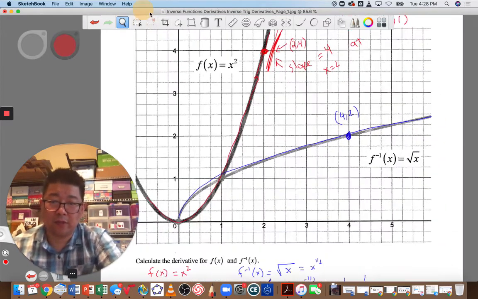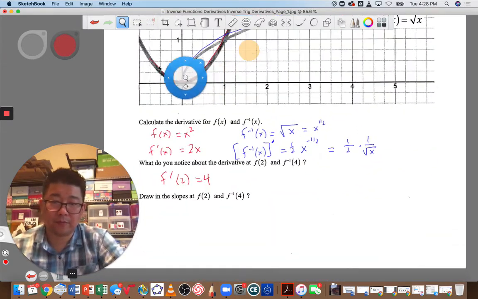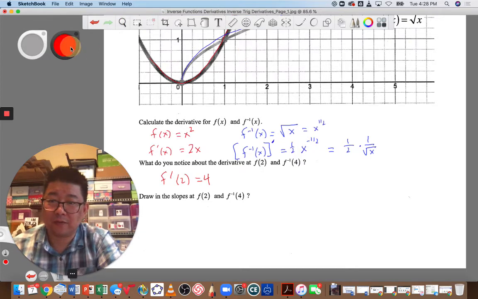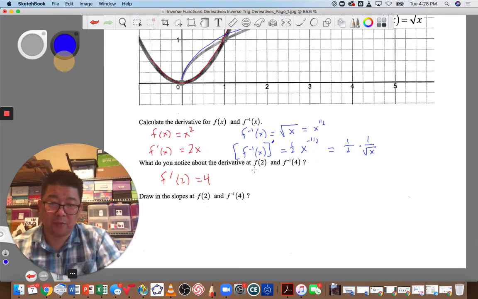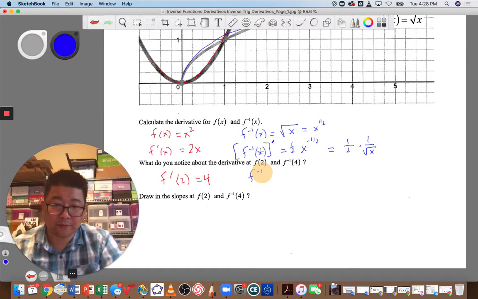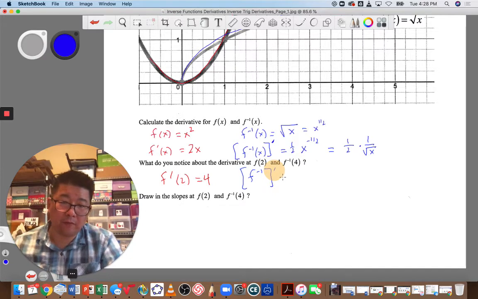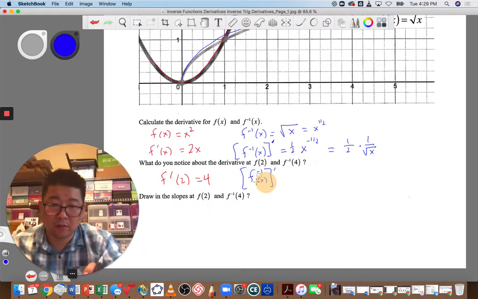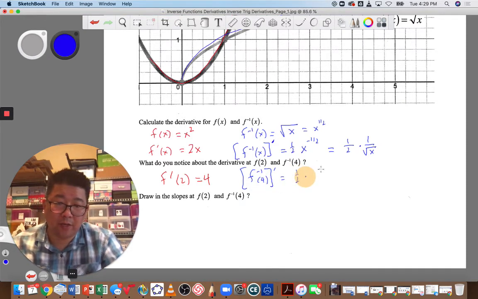All right, moving down. What about the inverse function then? How does that slope, what will that slope be? So f inverse prime at 4 will be 1/2 times 1 over square root of 4, which is 1/2 times 1/2, which is 1/4.